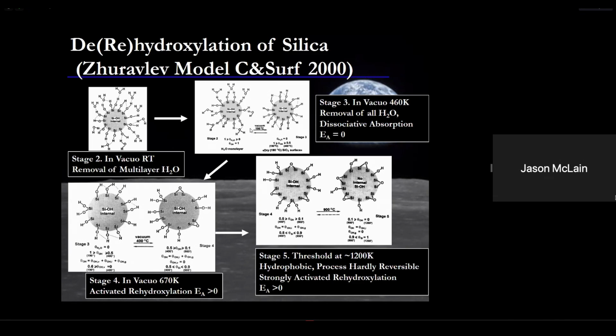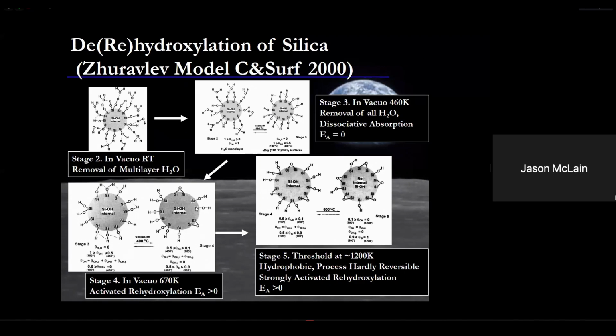And at this point, it's interesting because dissociative absorption is barrierless. So the activation energy is zero. So if a water molecule actually comes back down at this time, it'll dissociate and rehydroxylate the surface.